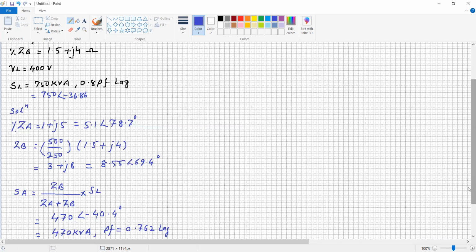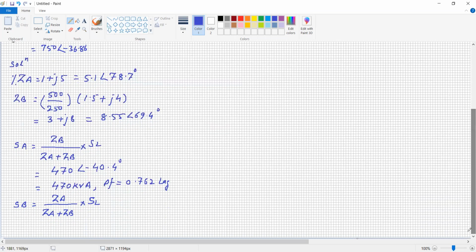So put these values in the formula. It is equal to 280 kVA and power factor is equal to 0.856 lag.